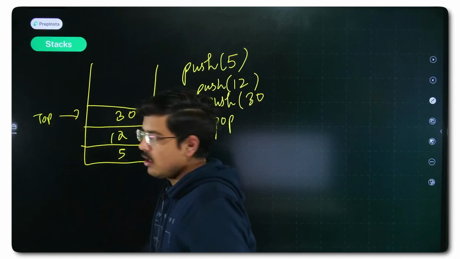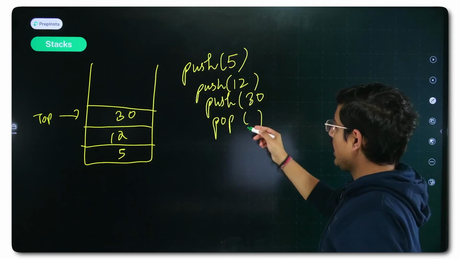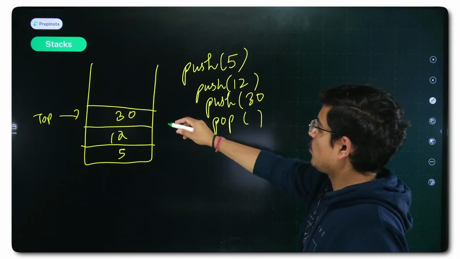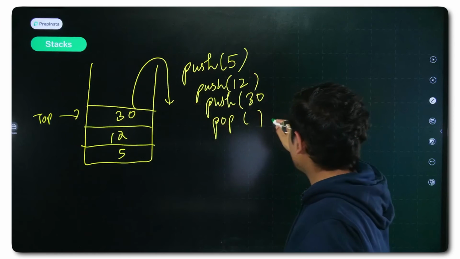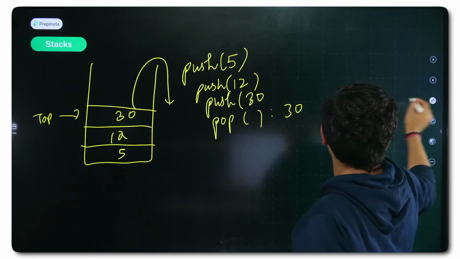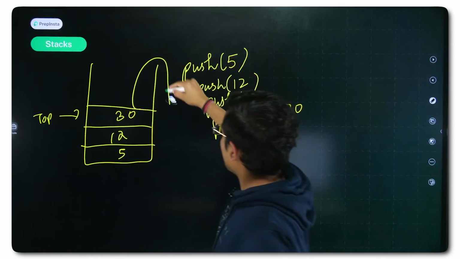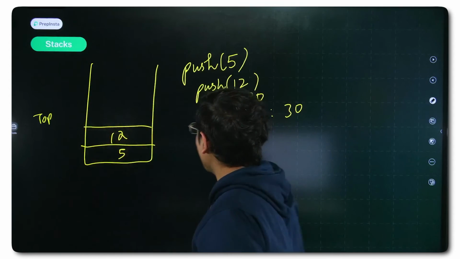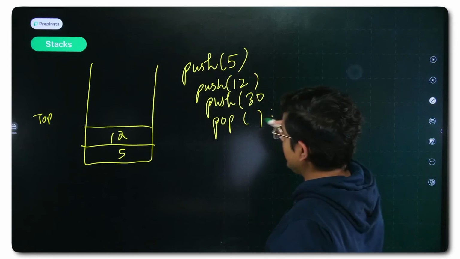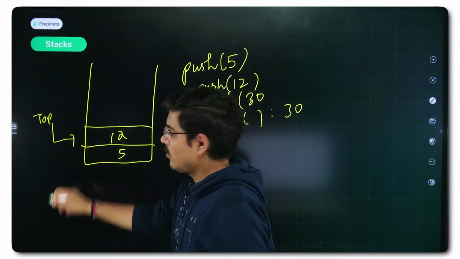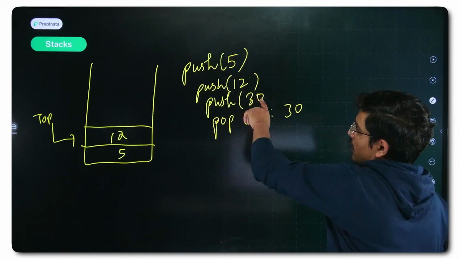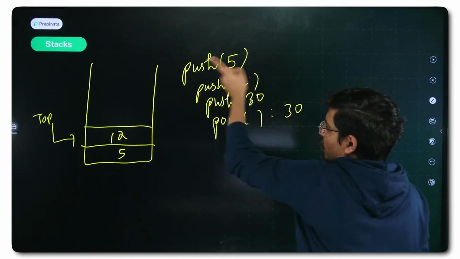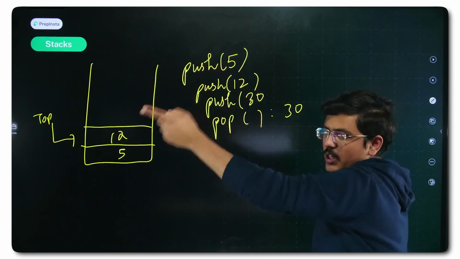Now if you see, top is pointing here. If I start popping, I do the pop operation, what comes out? 30 comes out, and this 30 goes and top will now start pointing towards 12, because 30 was last in, so first out, LIFO, which I just explained.